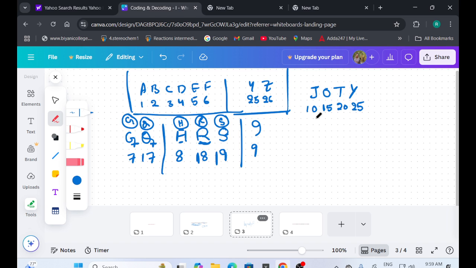Now why am I making this particular one is because to remember O, it is actually difficult. I did not get any other logic to remember O. That's why this is made, which are multiples of 5.